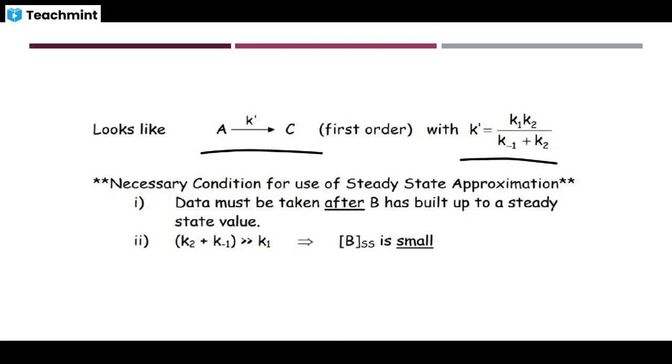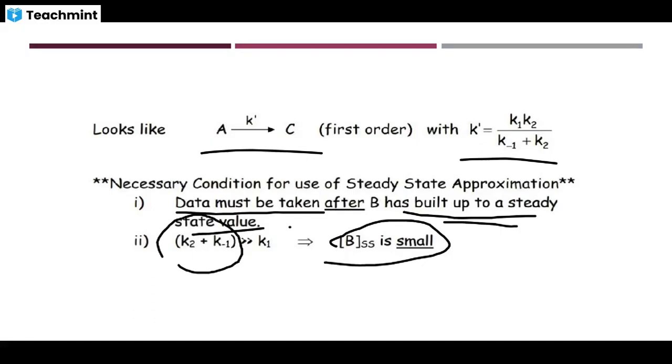Necessary condition for use of the steady state approximation. What is the necessary condition? Data must be taken after B has built up to a steady state value. So data must be taken after B has built up. Okay, then only you should take the data. Then B must be small. Okay, so the formation is much smaller than the decomposition, because then only the intermediate concentration is very small.